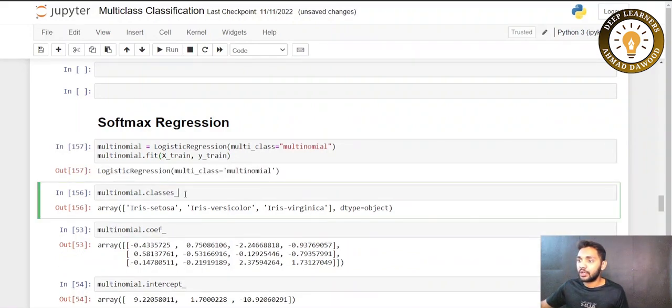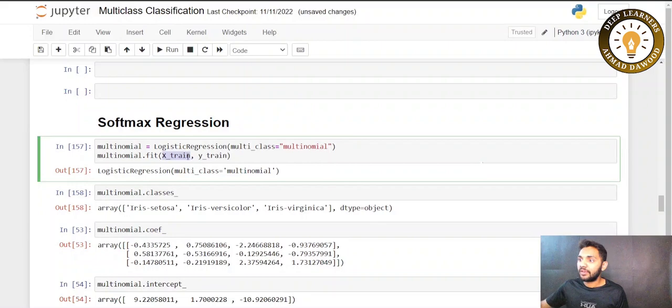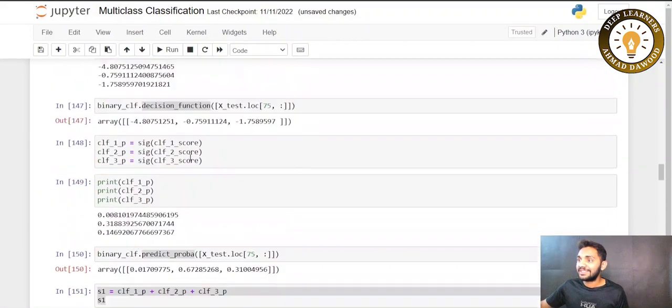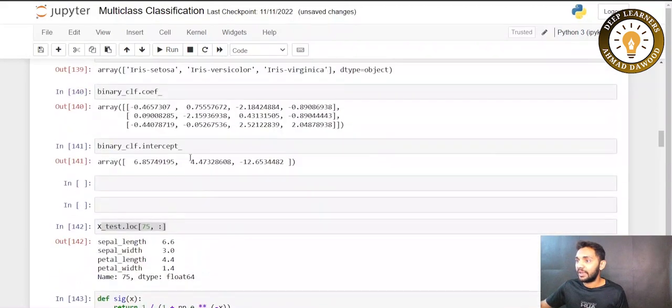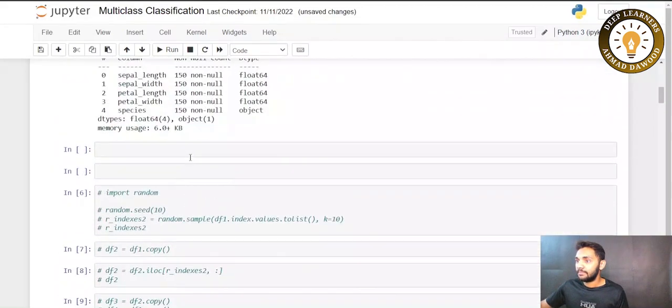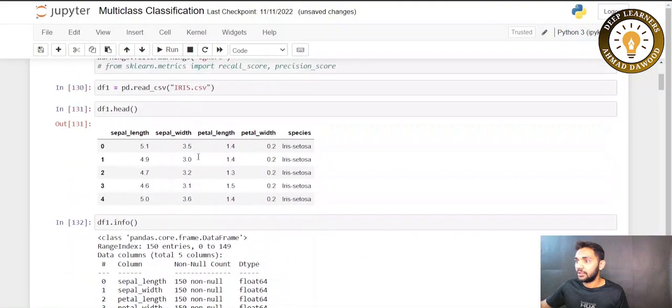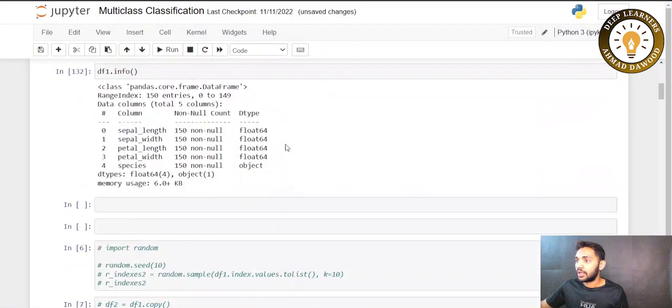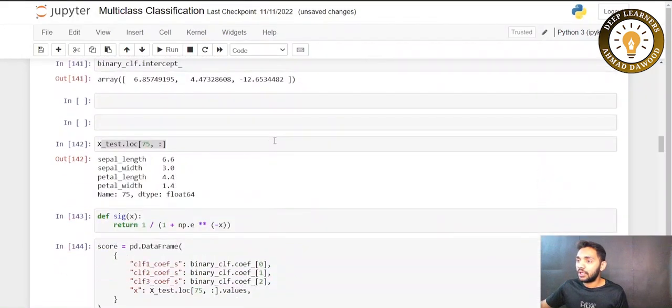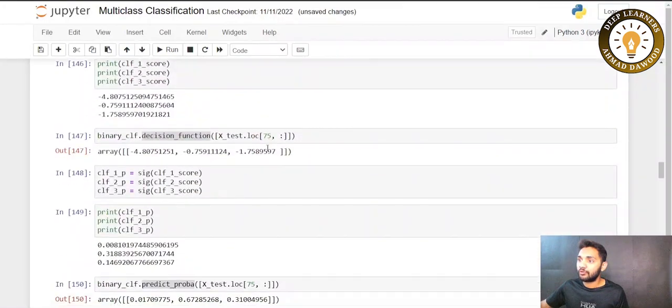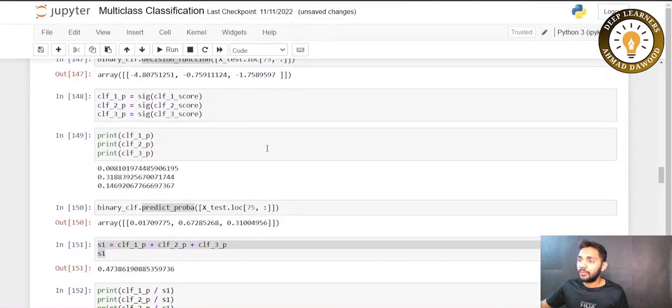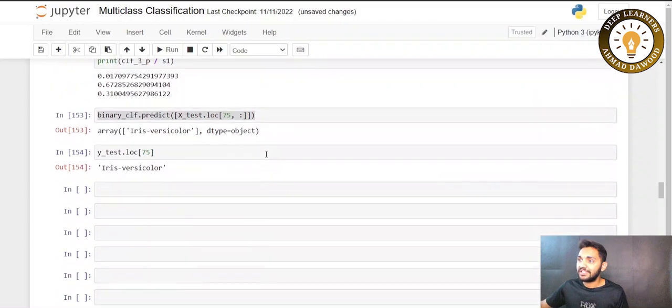In the same way, when we train this algorithm, it will first detect how many classes there are. There are 3 classes, so now it has to detect how many independent columns there are. There are 4 independent columns: sepal length, sepal width, petal length, petal width. So it will have 4 independent variables, so 4 coefficients for each score, plus 1 intercept, so 5 parameters for each score.